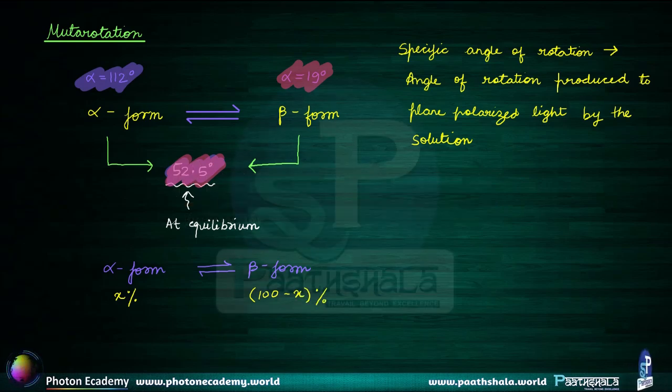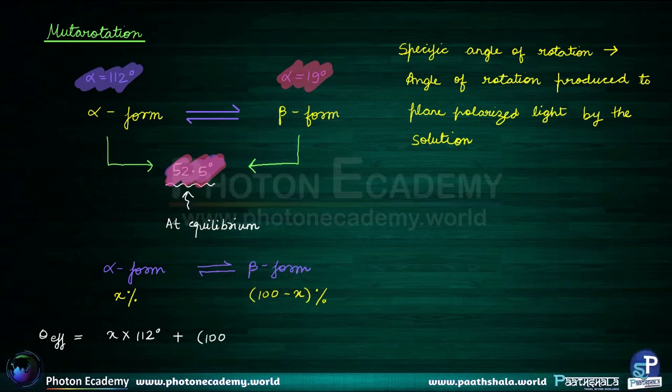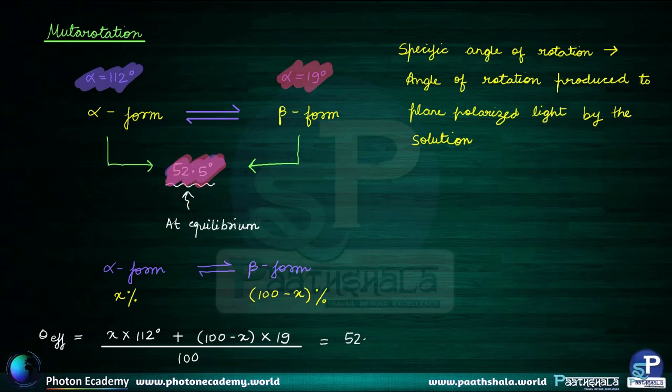Our theta effective, that is the effective angle, will be x into 112 degrees, because that was the specific angle of rotation for alpha, plus 100 minus x from beta, and beta is at 19. If we divide this by 100, theta effective is equal to 52.5 degrees because it is at equilibrium. When we solve this, x comes out to be 36%.